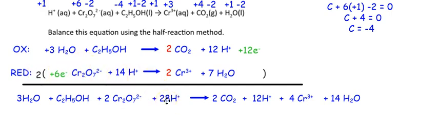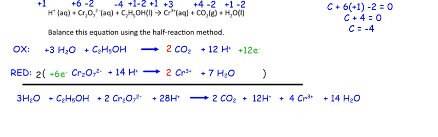So those are everything on my reactant side. Now I need everything on my product side. So I have 2 carbon dioxides, yes. 12 hydrogens, yes. My electrons canceled out on purpose. I'm good. Don't forget to distribute. So 2 times 2 is 4 chromium ions, chromium plus 3. And then 2 times 7 is 14 waters.